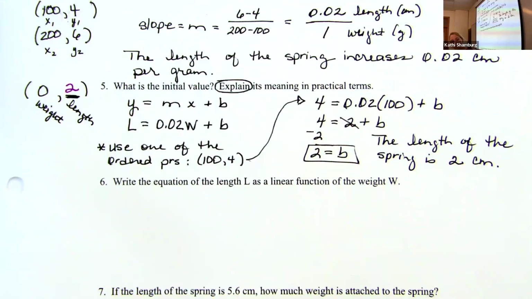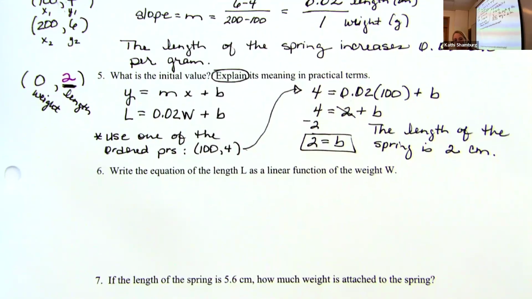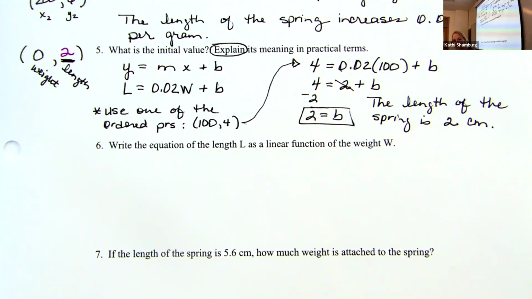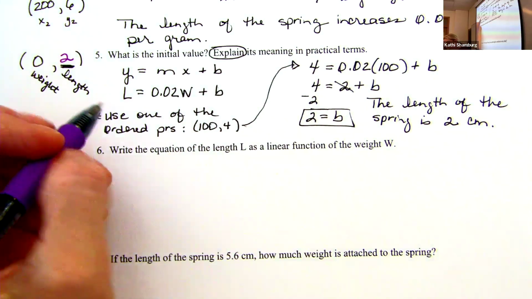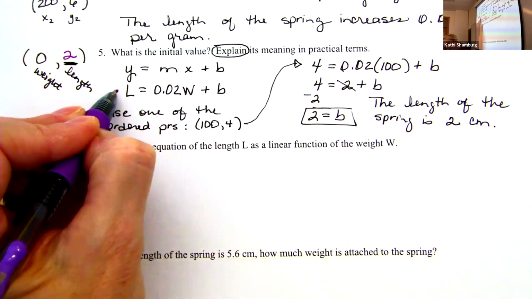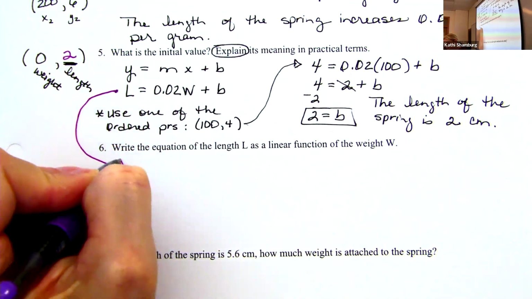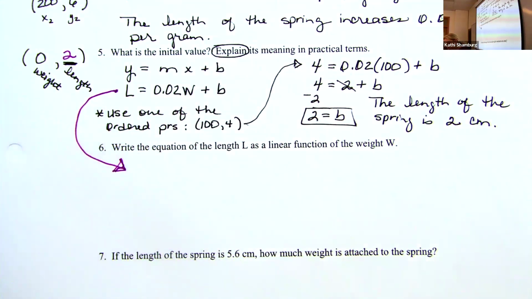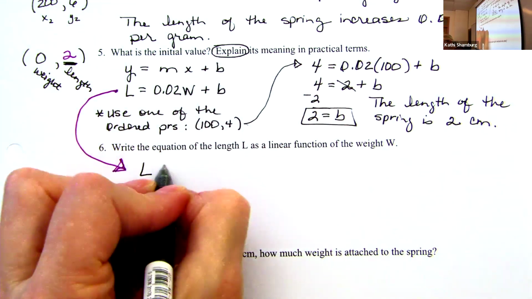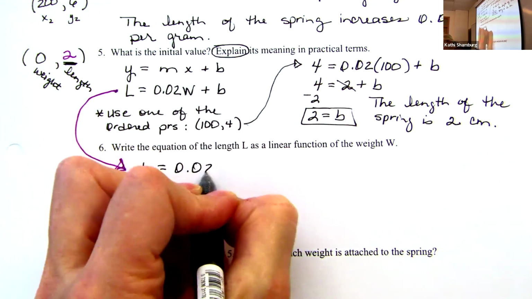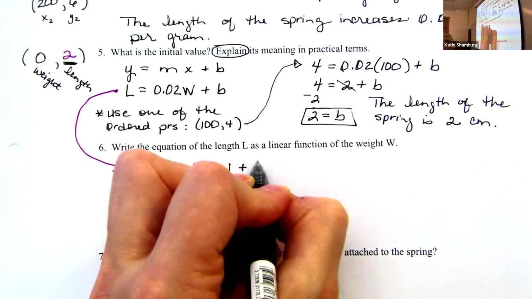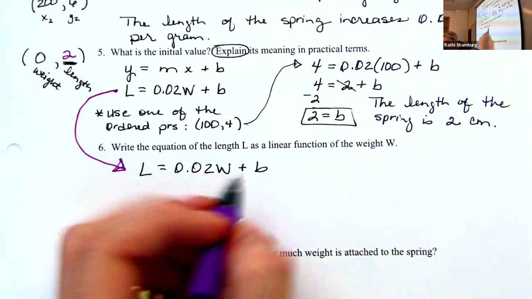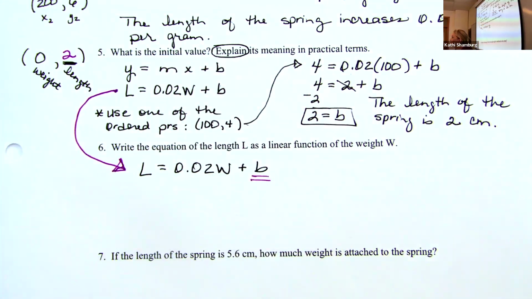Okay, write the equation of the length L as a linear function of the weight W. Okay, well, take this from what we did above. We know L equals slope W plus B, and then didn't we just find what B was?